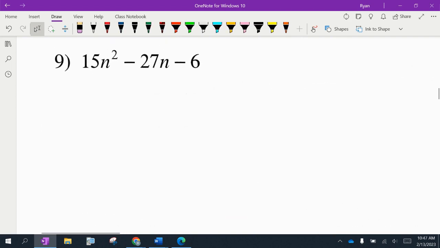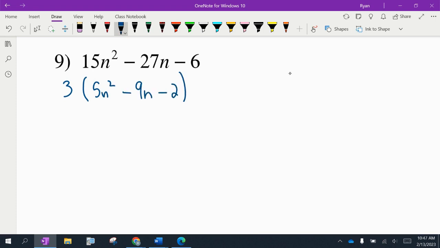Number 9 has some big numbers to begin with, but we can make it easier on ourselves, as we should do on any kind of factoring problem, and look for a GCF first. And in fact, there is a GCF this time. 3 will go into all those terms.